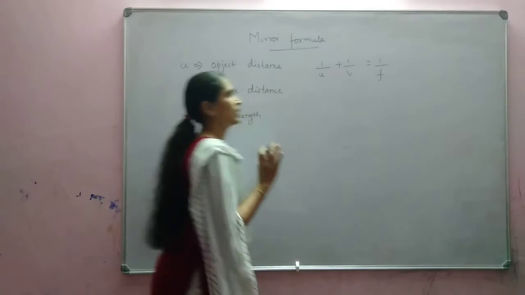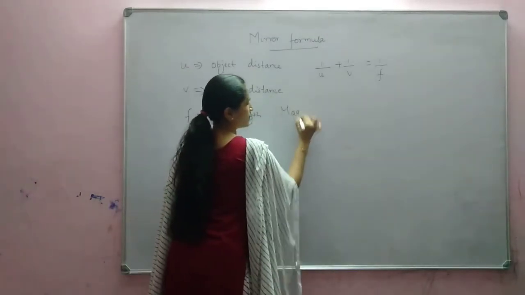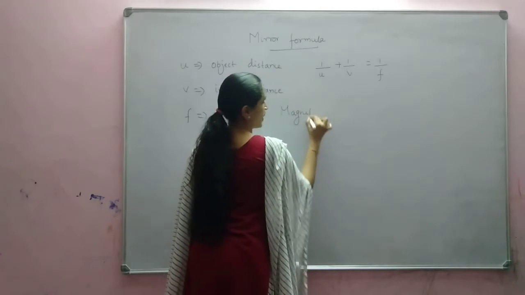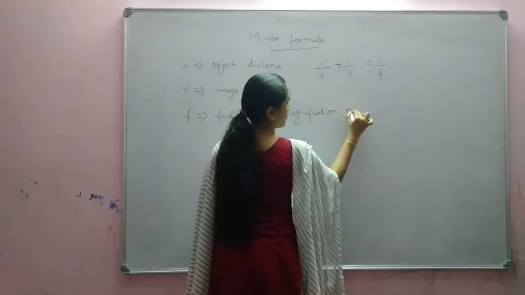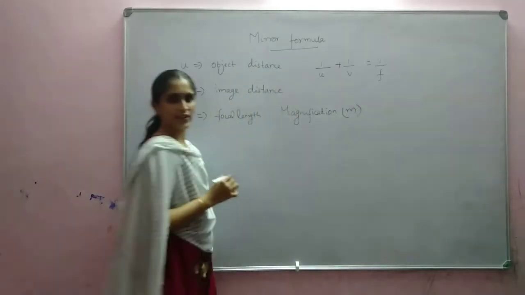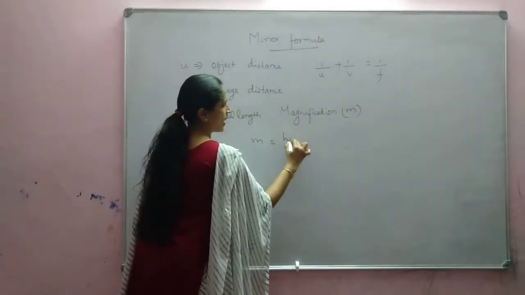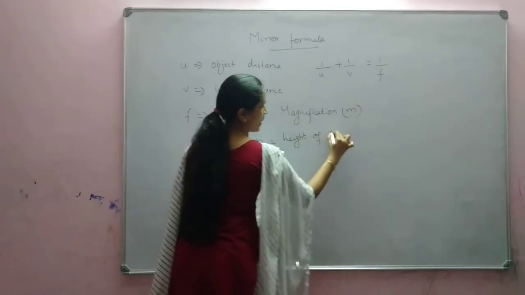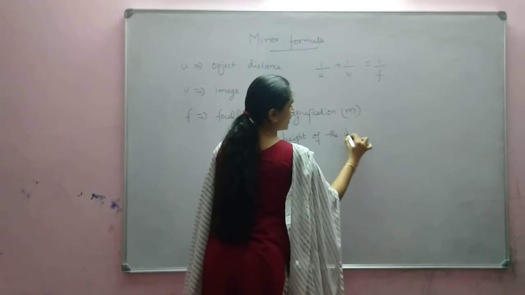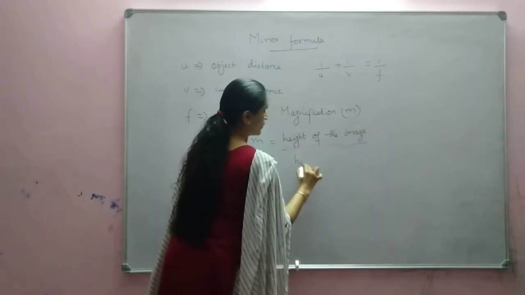Okay, and one more term we are defining is known as magnification. Magnification is represented by the letter m. It is defined as the height of the image divided by the height of the object.